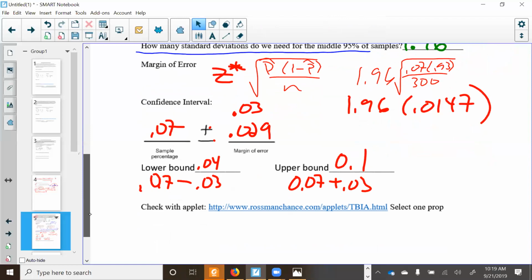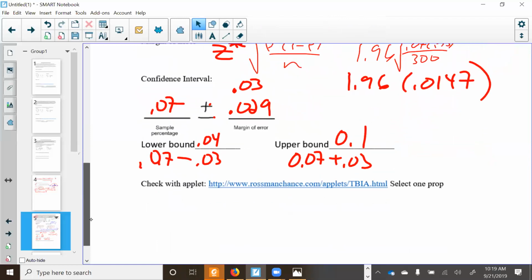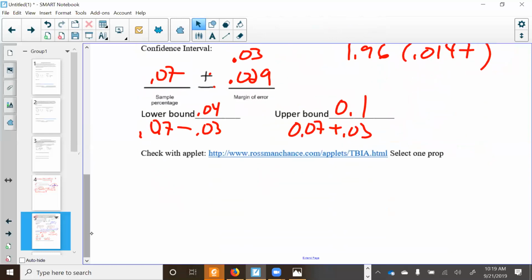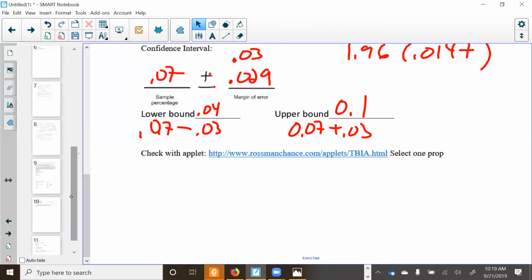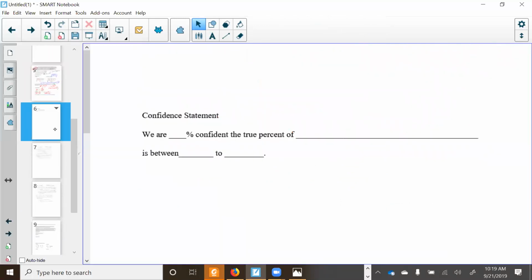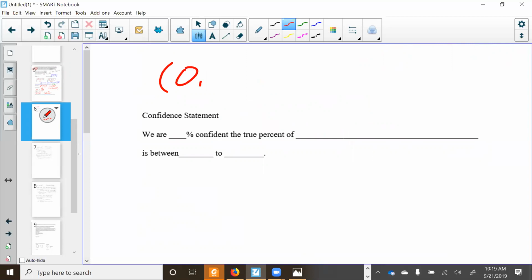This means, maybe we'll go check with an applet in a minute here, folks. I think I want to do the next little piece here with this confidence statement. Then we'll come back to it. So what we just found with that confidence interval, often they'll write it as looks like an ordered pair.